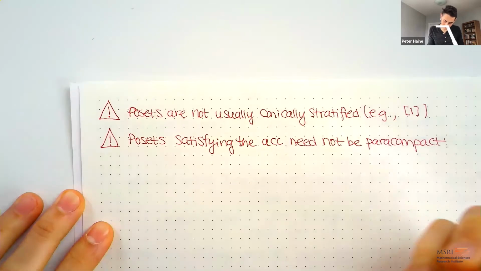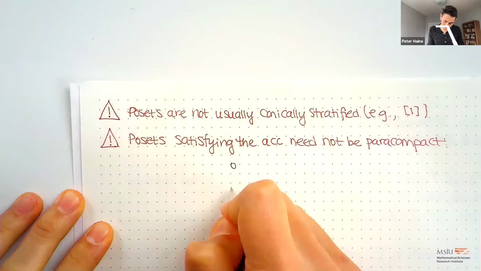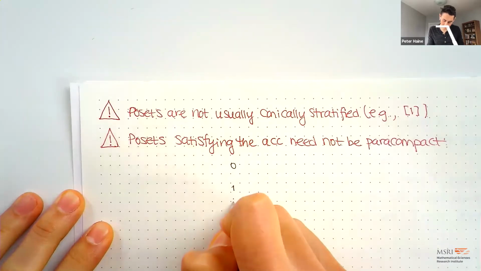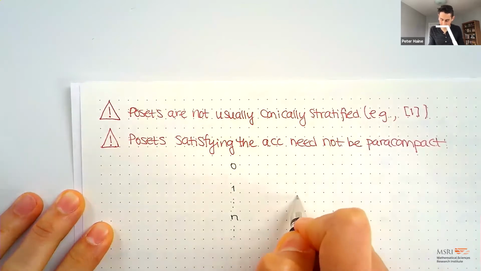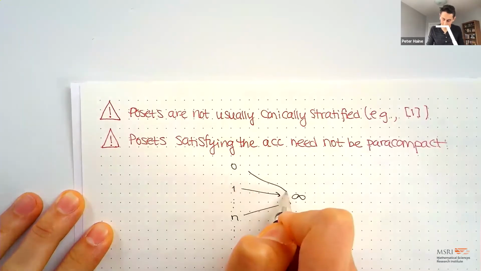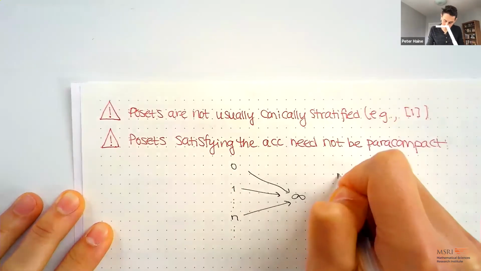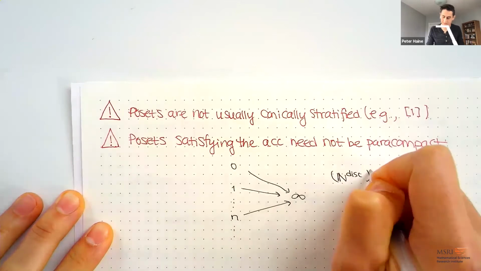You take the specialization poset of Spec Z. You take a countable collection of elements, and then you adjoin a new biggest element. So you can take N with the discrete poset structure, and you adjoin a new biggest element.